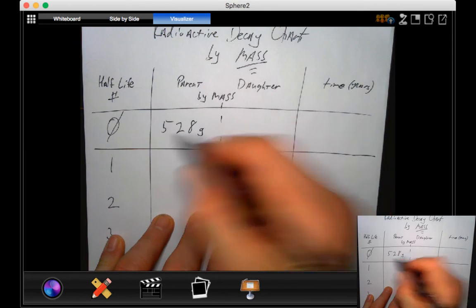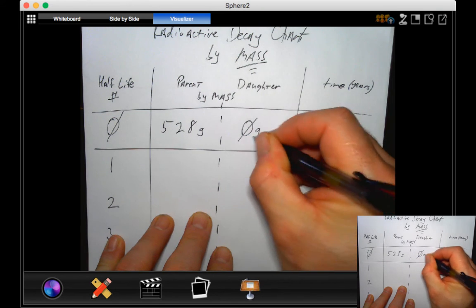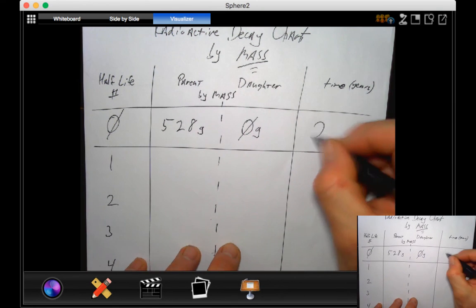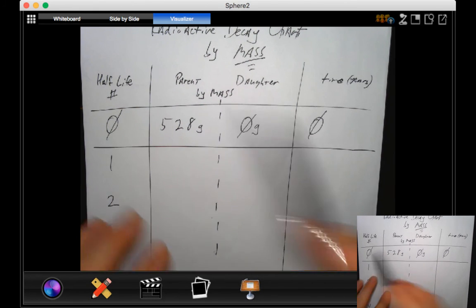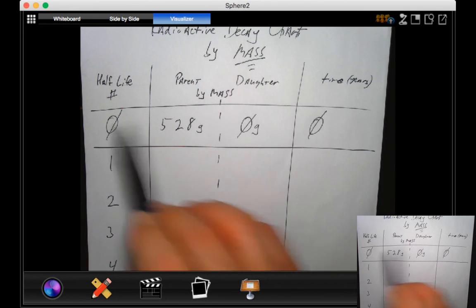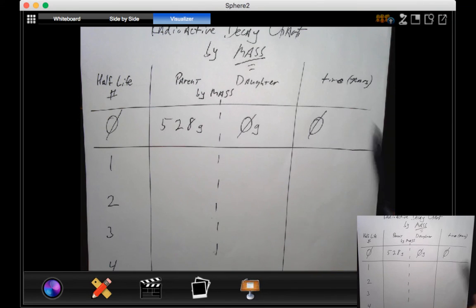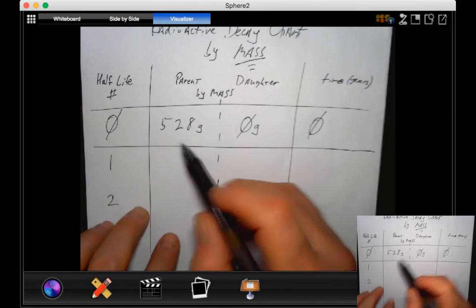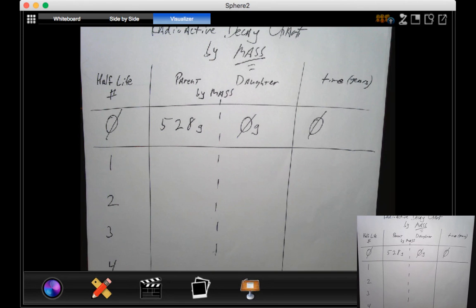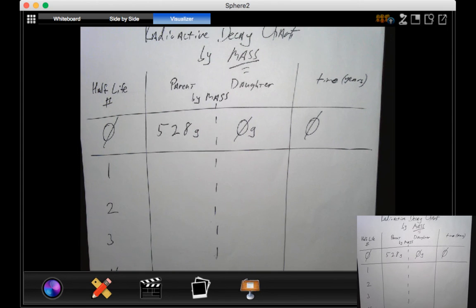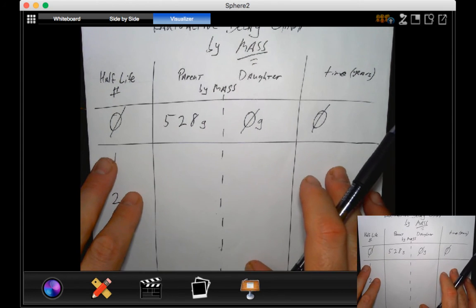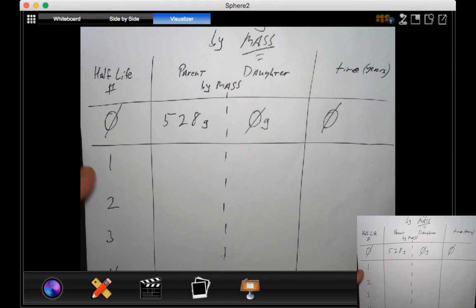So there's no grams of daughter here, and 0 time has passed, because when you're at half-life 0, no time has passed. No time's passed when you're born, and that's what we're talking about, when this isotope has started to decay. Again, I'm going to leave time alone until the end of the video. So let's just focus on the first 3 pieces here.